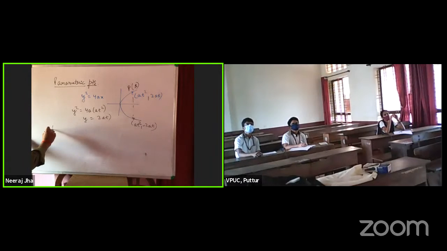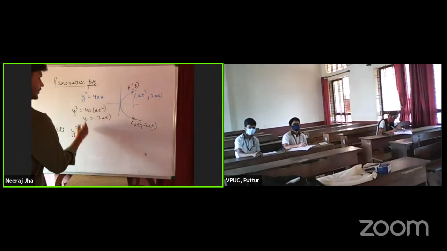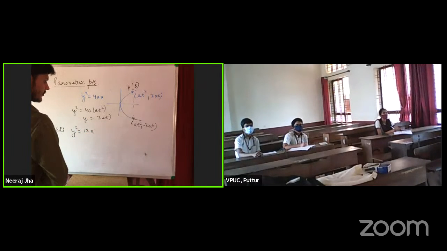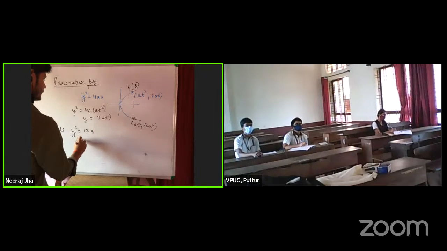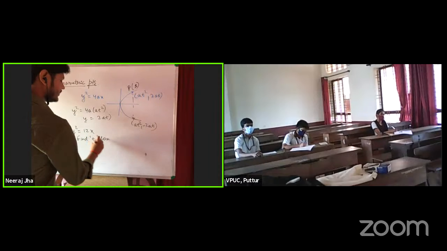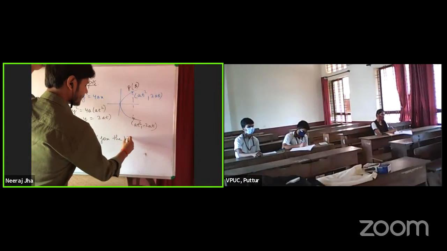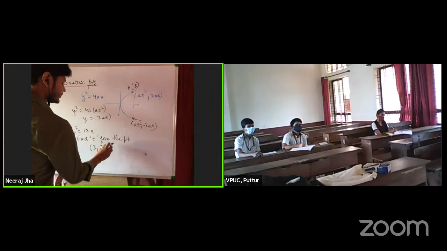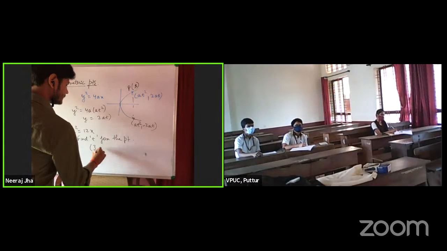Okay, so solve this question. Y square is equal to, let's say, 12x. Find the parameter t for the point (3, 6).